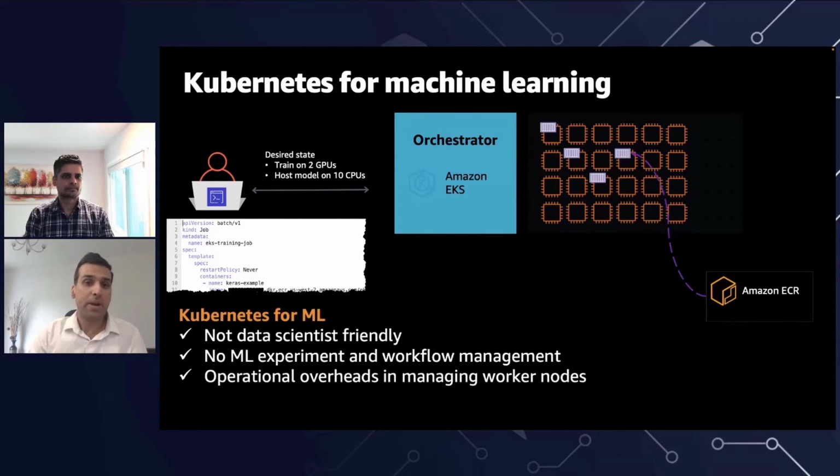Plus, Kubernetes natively does not provide machine learning capabilities like experiment tracking, workflow management, distributed model training, and model deployments. If you want those, you'll have to build them from the ground up on the Kubernetes environment. And when you do so, you will realize that your operational overheads might increase in managing those worker nodes, when you're trying to ensure that they're optimally utilized to serve those capabilities to your data scientists.